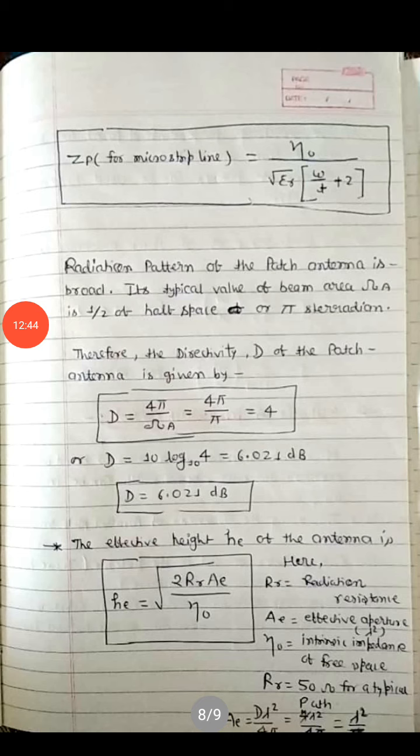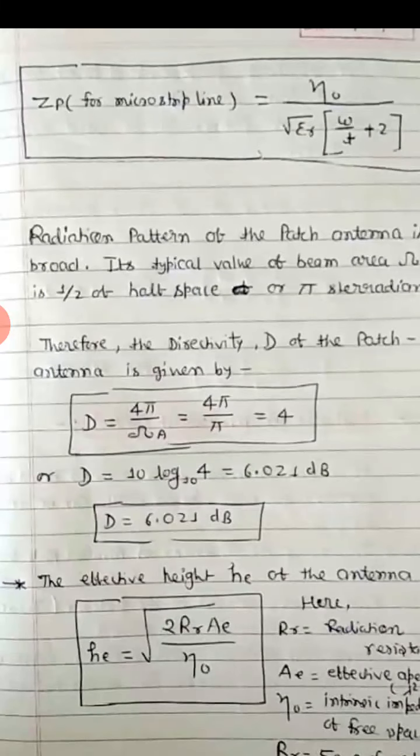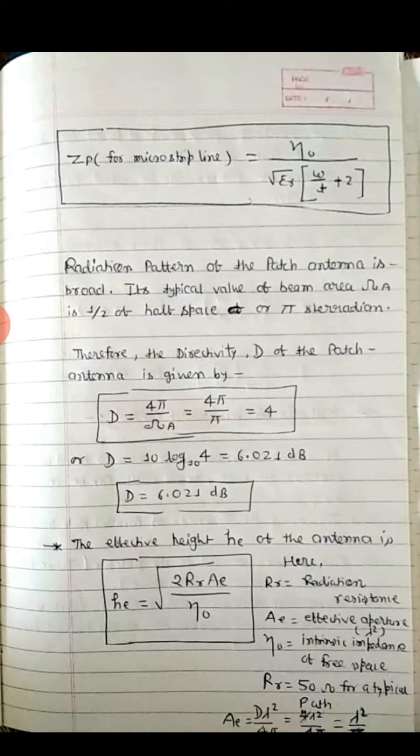This gives a more accurate formula for the impedance of the microstrip line, and that is given by Zp for microstrip line equal to eta naught by under root epsilon R times W by T plus 2. Radiation fields of the patch antenna are broad. Its typical value of beam area is 1 by 2 of half space, or pi steradian.